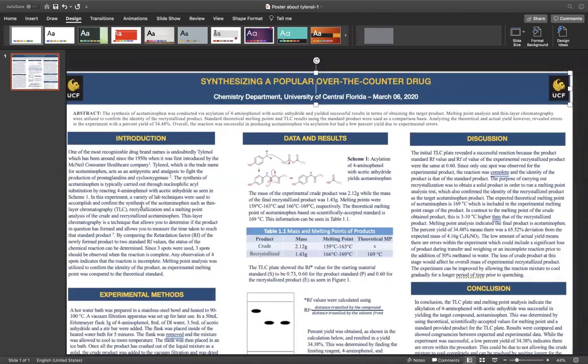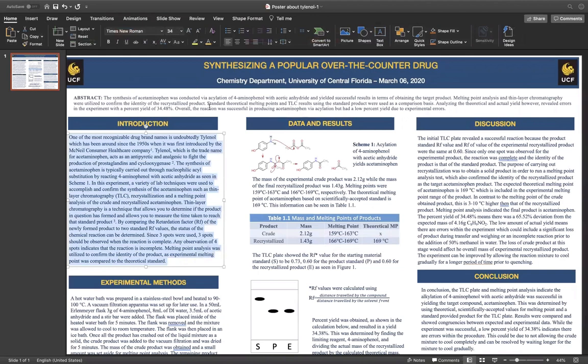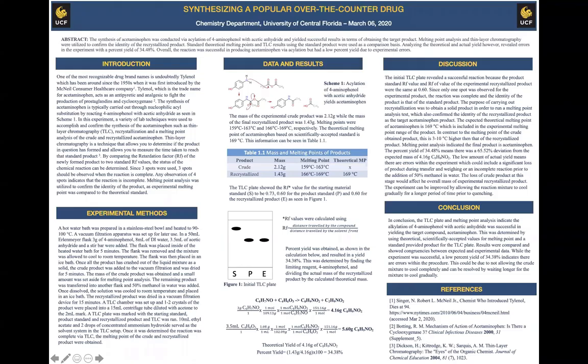All right, and then the font that you're using is 34. It's actually not small. So it's a good size. You could fit it. It's just the poster in general, when we're looking at it, should have a good flow, whether you want intro, experiment, data and results, discussion, conclusion, or however way you want to put it, like 1, 2, 3, 4, 5, 6 at the bottom. You want a good flow of the poster, right?